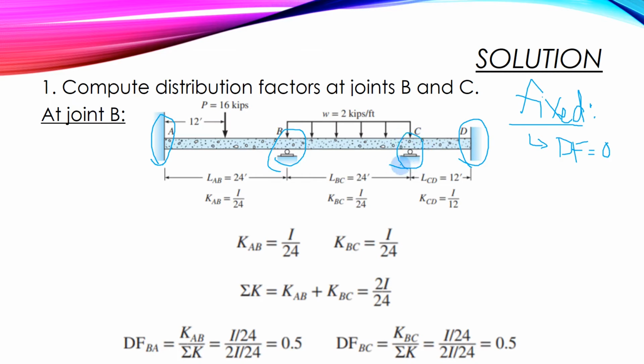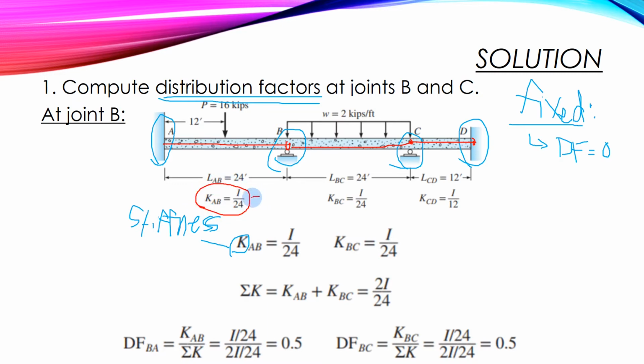Before we can get the distribution factor, guys, we need to get the K, or stiffness. We need to get the stiffness of each member: stiffness of AB, stiffness of BC, then stiffness of CD. So here we will get three stiffnesses.